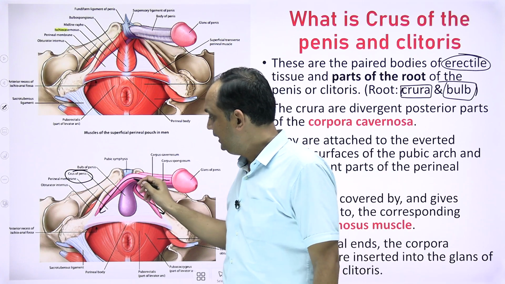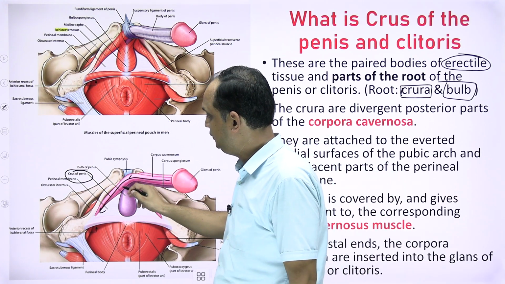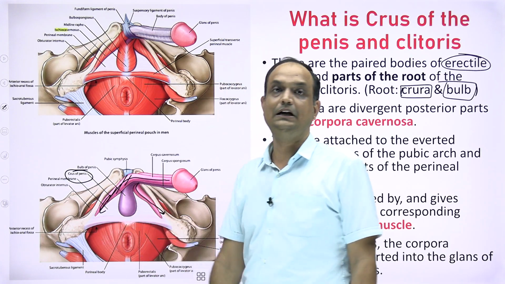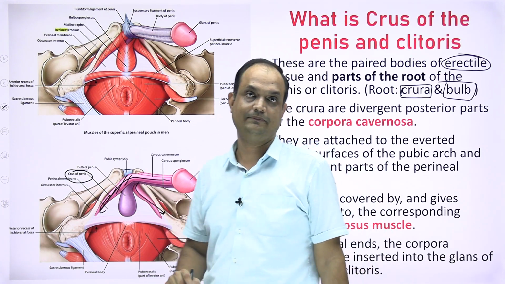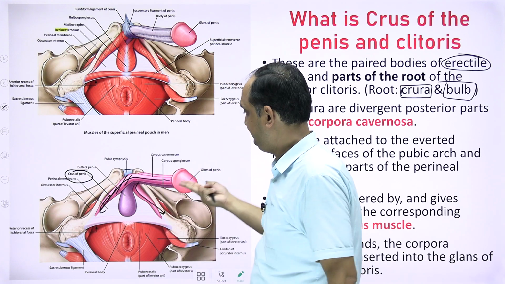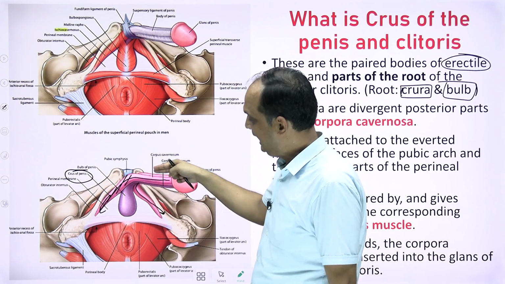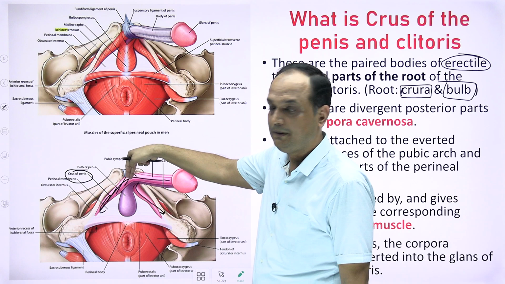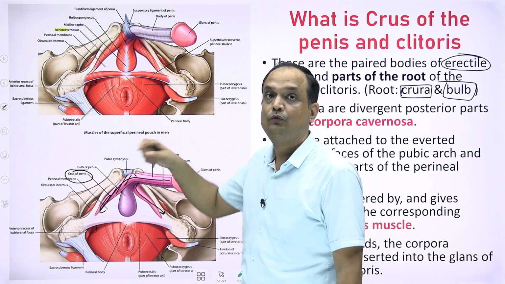So there is continuity of the erectile tissue, and this continuity is your crus. Clear? There are two crura present in the shaft of the penis, and as soon as they reach the superficial pouch, they diverge. So, what is crus?